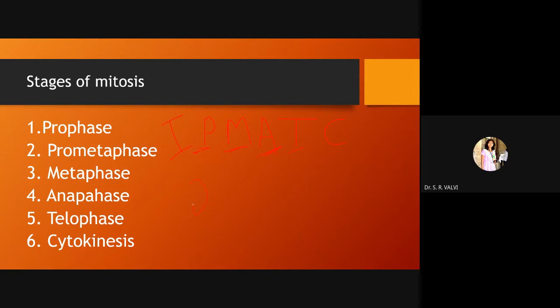See how much less time we have to complete these stages, only 2 to 4 hours. In many plants we observe that within only 2 hours the cell has gone through these mitotic phases. How many? Only 2 hours.